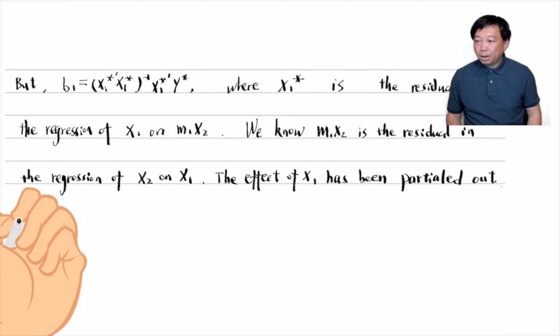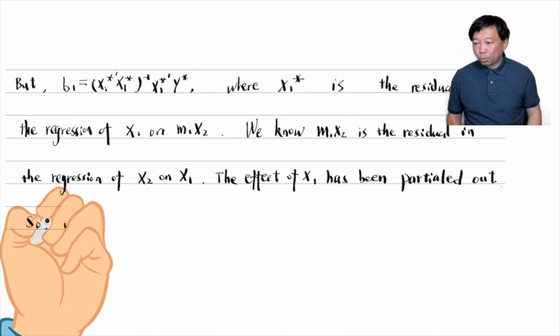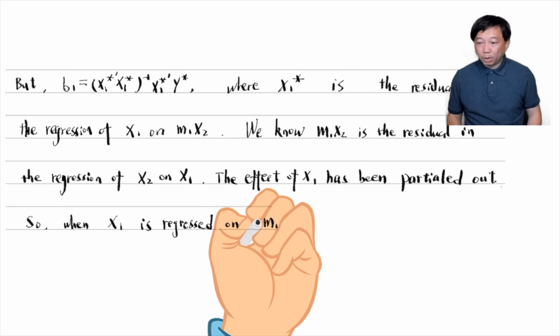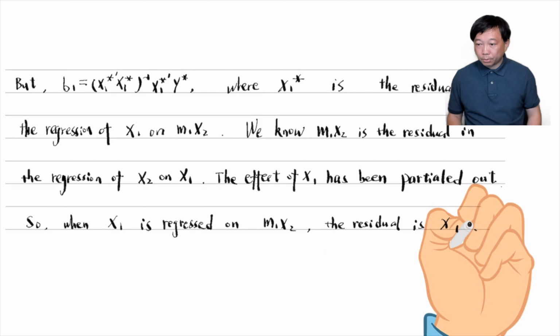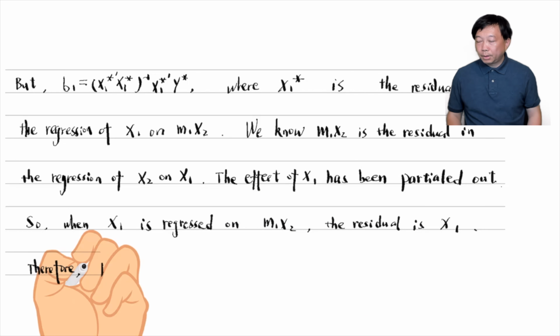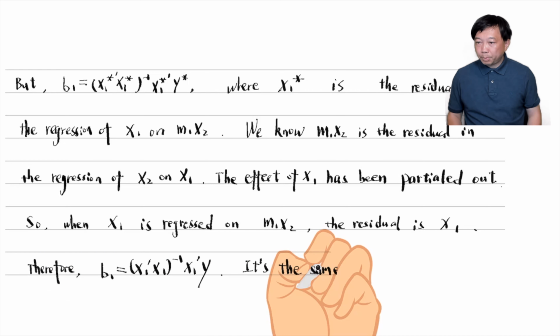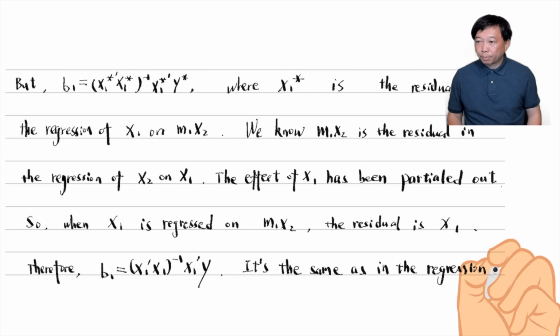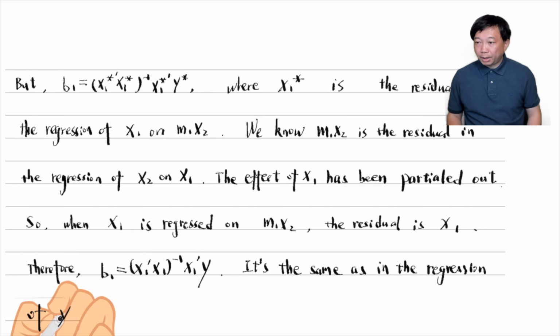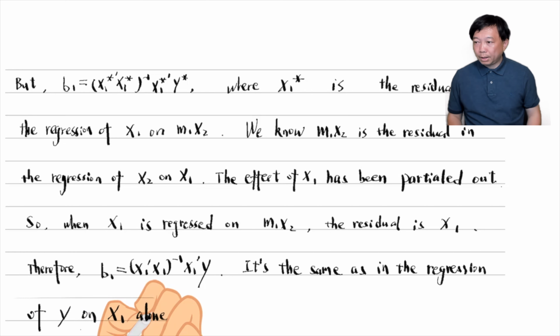In other words, x1 and m1 x2 are orthogonal. So when x1 is regressed on m1 x2, the residual is x1. Therefore, B1 can be expressed as follows. It is the same as in the regression of y on x1 alone.